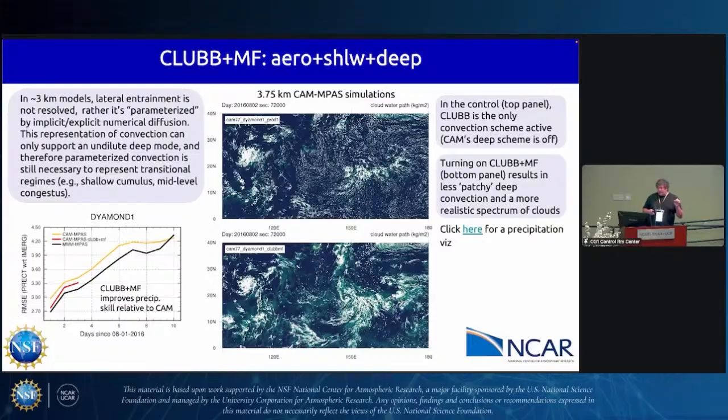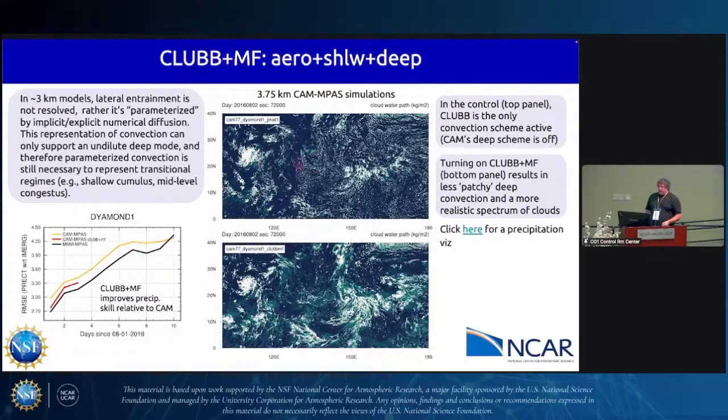In this case, MPAS uses a Smagorinsky scheme, which is doing a little bit of mixing, but it's not parameterizing the entrainment process correctly. And so basically the only convection this model can support is a very deep undilute mode with a high level of neutral buoyancy. And it kind of just does that everywhere.